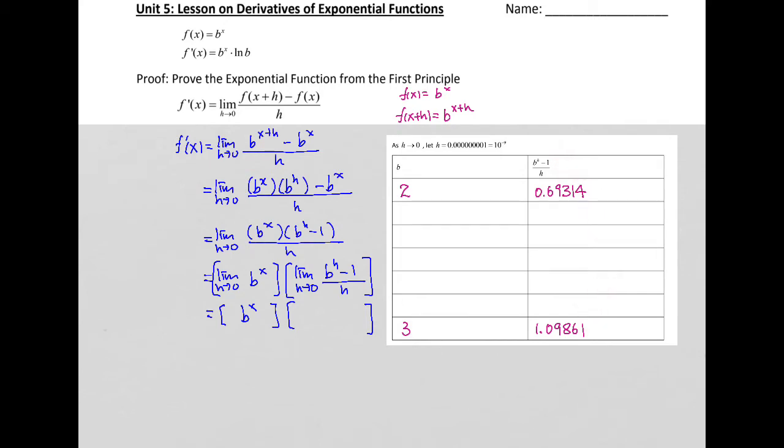So the next number I'm going to try will be in between 2 and 3, so I'm going to choose 2.5. When I put 2.5 into the base b, the fraction becomes 0.91629. Then I will choose a point between 2.5 and 3, right in the middle, which is 2.75.